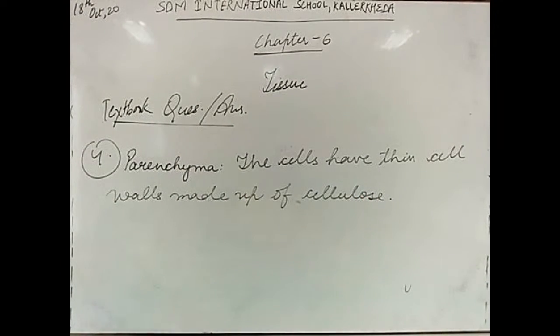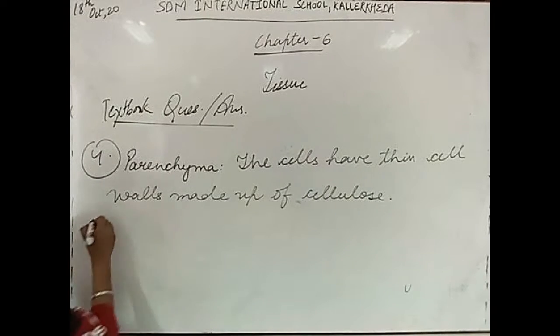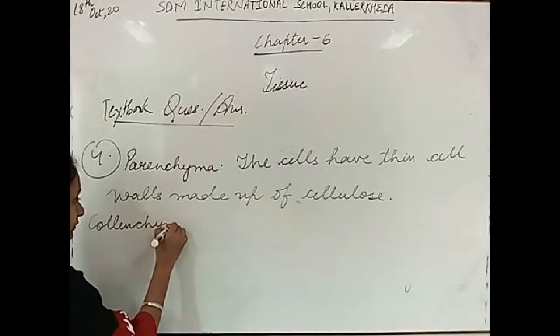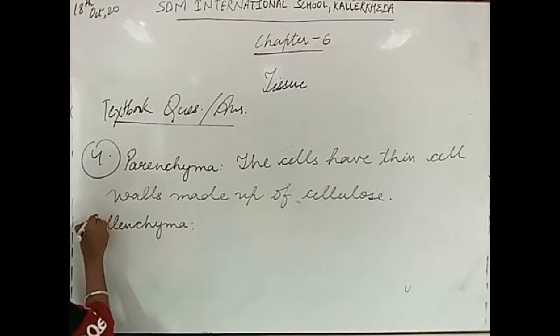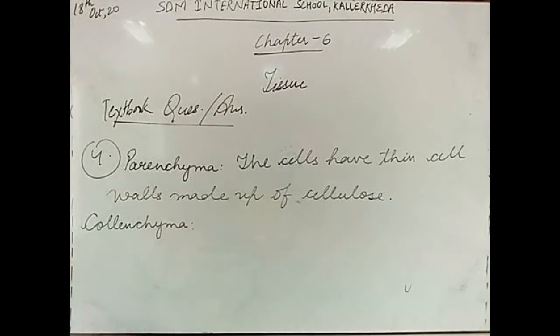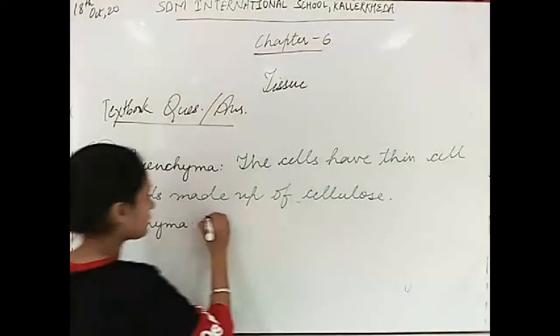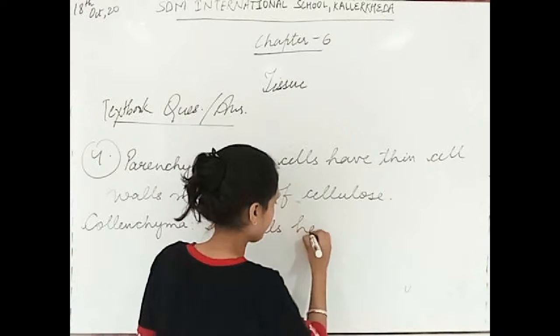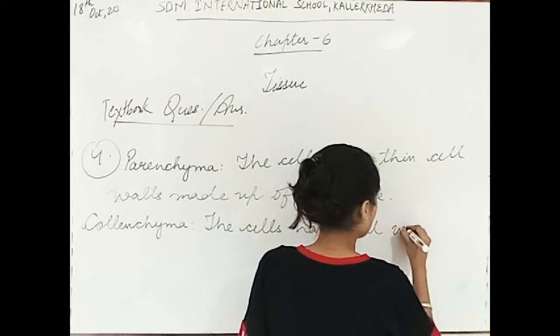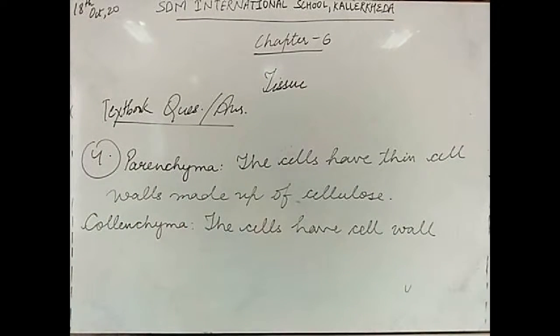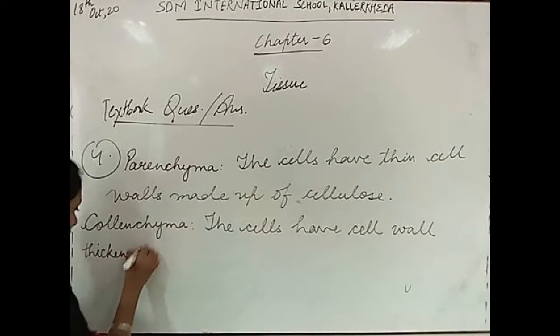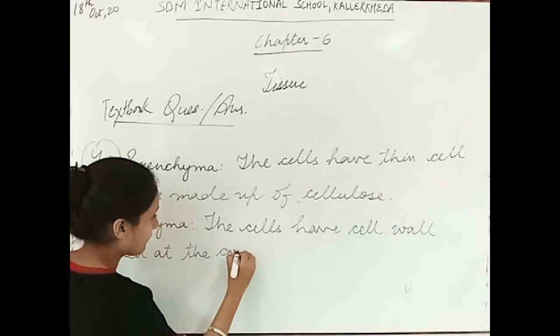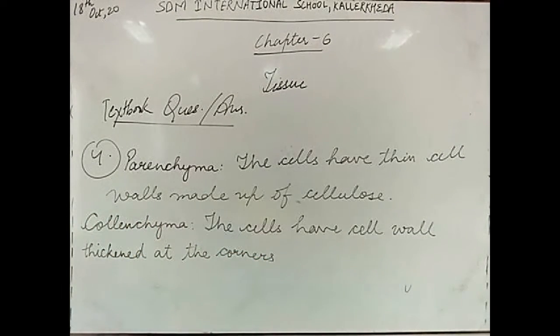Collenchyma: the cells have cell walls thickened at the corners due to pectin deposition.